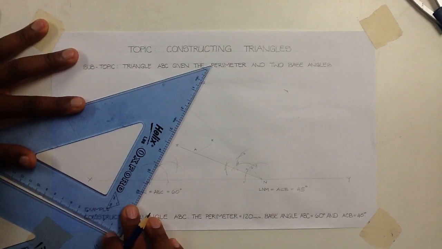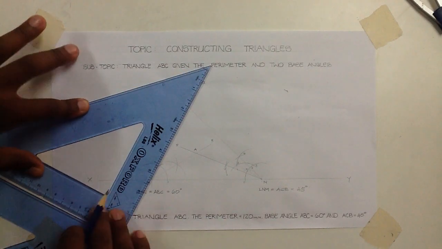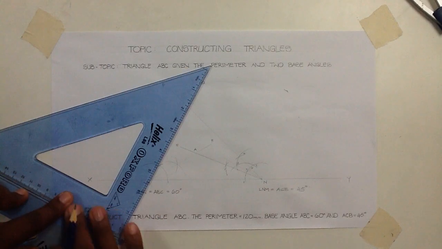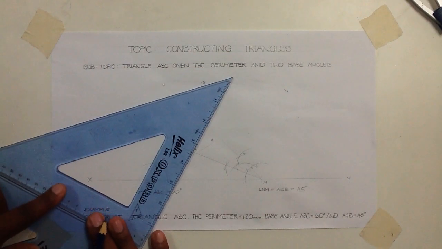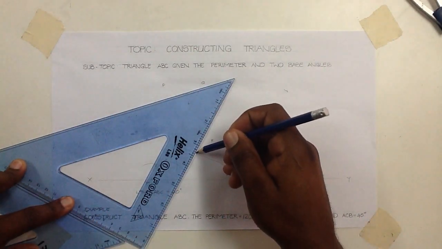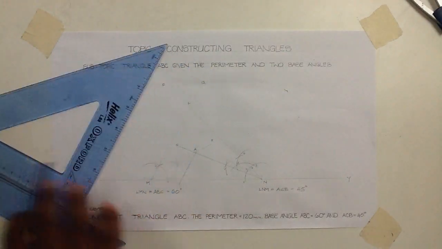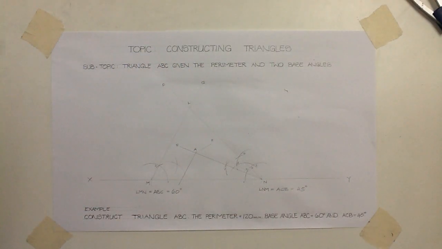This is why we're going to be using our set squares to achieve that objective. So we're going to slide our set square down to point A, and we're going to draw our line from point A to intersect with our line segment MN.